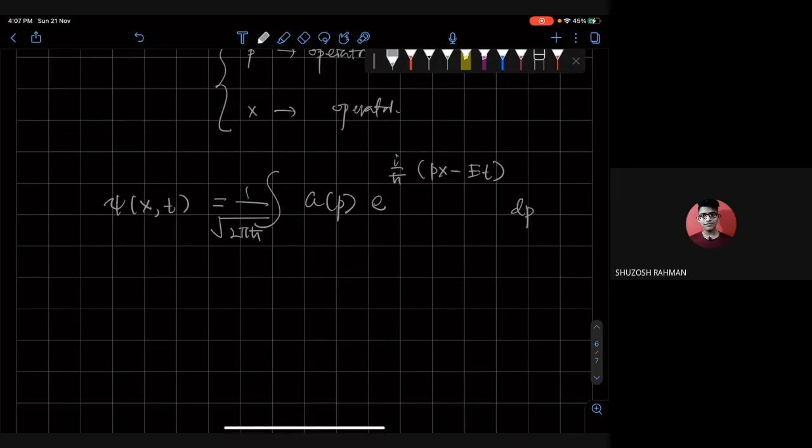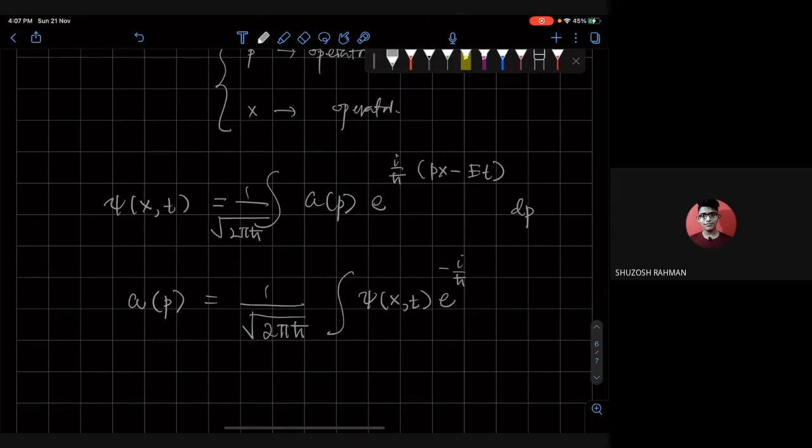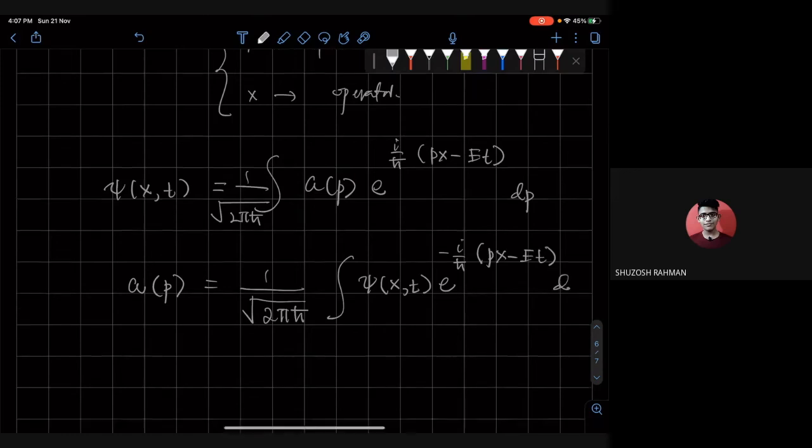What is A(p)? A(p) is given by the Fourier transform. And you can show that, by starting at time t equals 0, this will be given by the integral of psi of x and t times e to the power minus i by h bar (px minus Et) dx, okay?